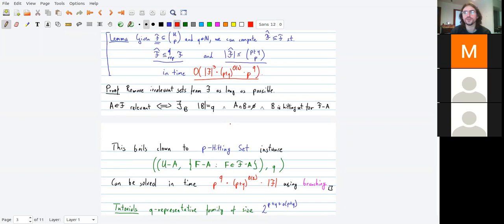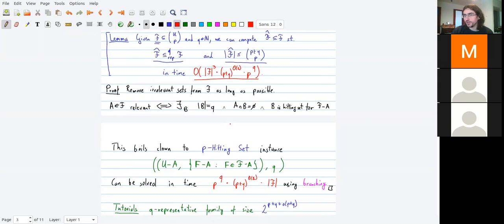So how did the proof of the existence of this family look? I started with the whole family F, and I was iteratively removing sets that were irrelevant up till the moment where I had an inclusion-wise minimal family that was q-representative.